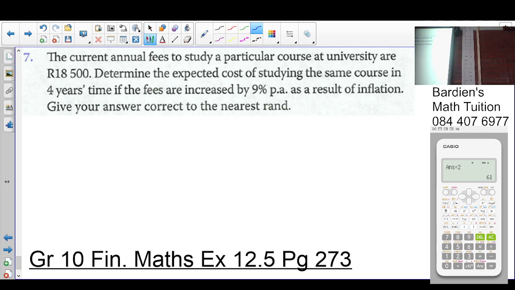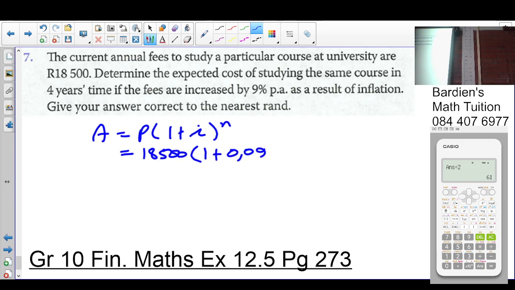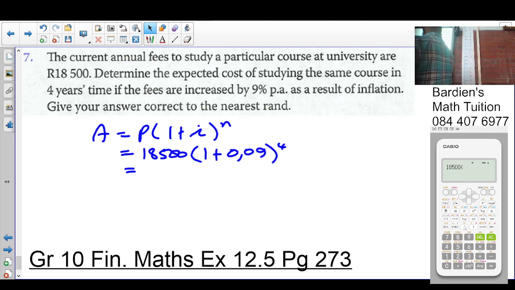People, what's the formula for inflation? A is equal to P into 1 plus i to the exponent n. So the current cost is 18,500 Rand into 1 plus i, 0.09 to the exponent 4 years. Okay, so that's going to be 18,500 into 1 plus 0.09 to the exponent 4.